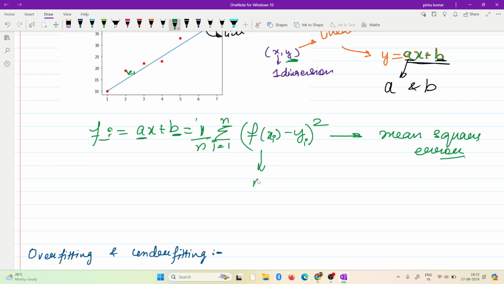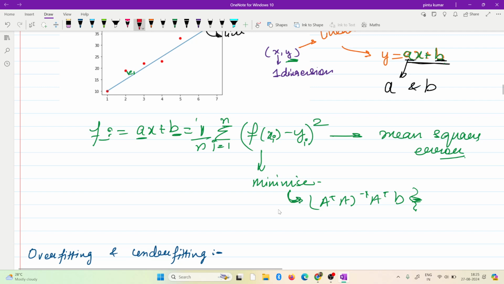Now you have to minimize this thing. Okay. How do we minimize? I think that is discussed in the lecture. And the minimum solution is given by (A transpose A) inverse A transpose B. We will talk about how we reach there, but right now I'm just mentioning that it can be obtained in closed form.